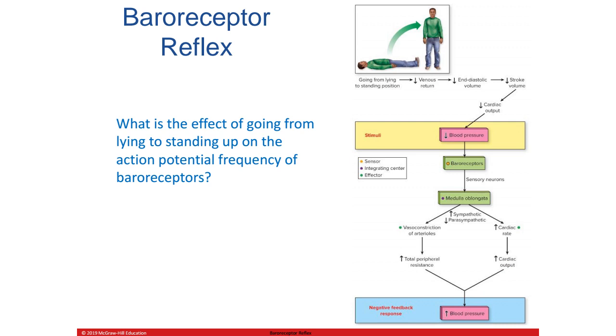And so remember that what triggered this reflex was a decrease in blood pressure. Now we're increasing the mean arterial pressure, and therefore we have a negative feedback loop. We're bringing the mean arterial pressure back to its set point, which is roughly on the order of about 100 millimeters of mercury.